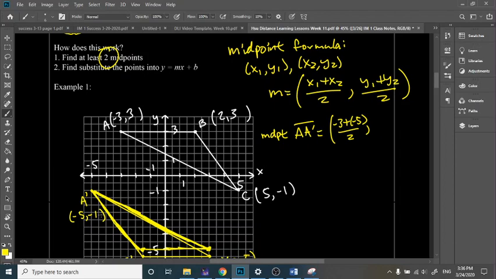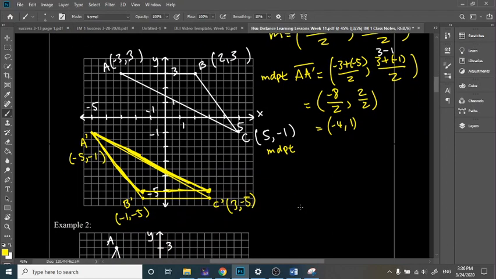Comma, 3 plus -1, divide by 2. So -3 plus -5 is -8. Divide that by 2. This is the same thing as saying 3 minus 1. So we get 2 divided by 2. And then, so we have -4, 1.